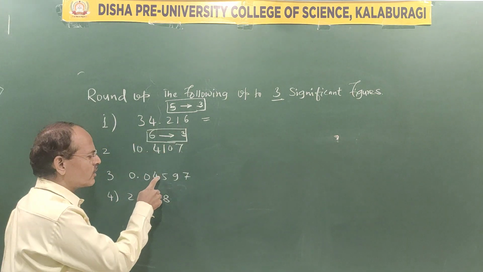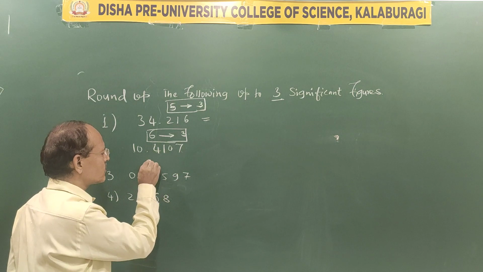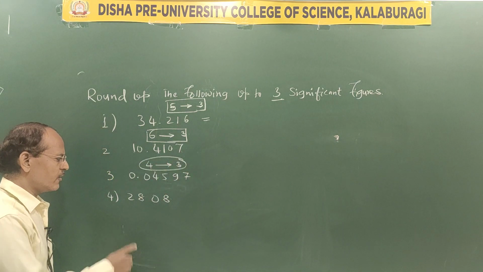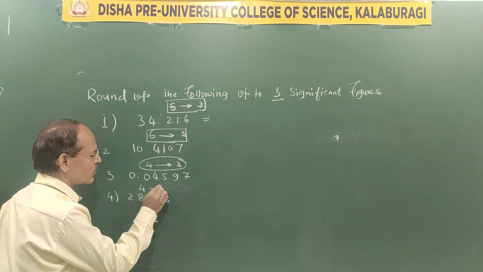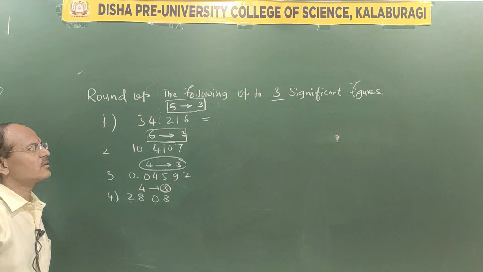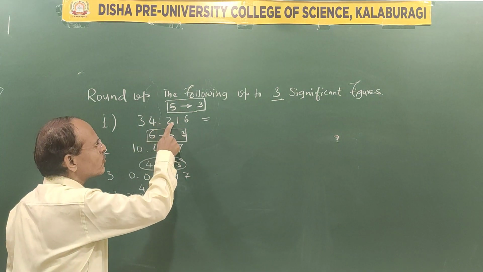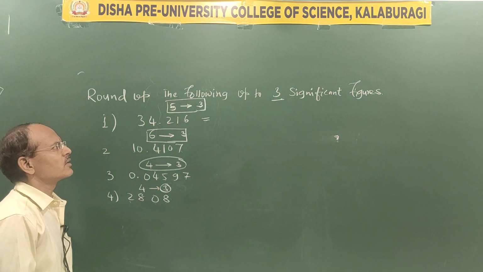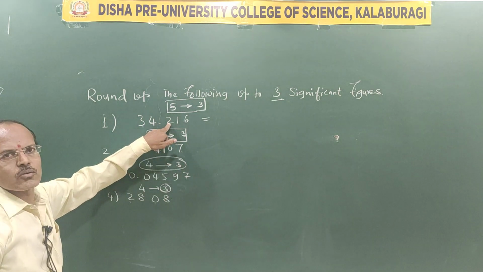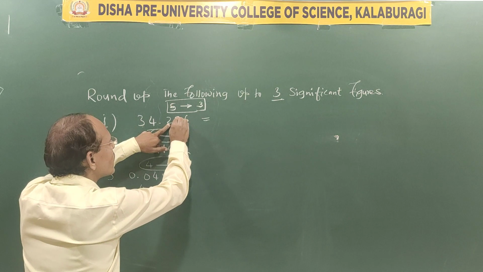Third one, 1, 2, 3, 4, 4 to 3. And fourth one, 4 to 3. We'll round off the values. 34.216. 1, 2, 3. Here I should conclude. Now here this is 1.